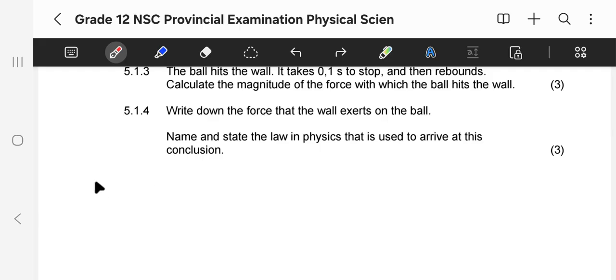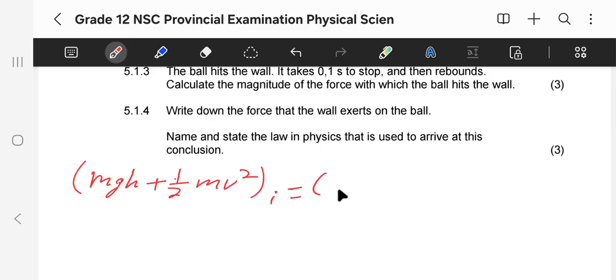And with this one, I'm going to say mgh. We know that mechanical energy, by the way, is the sum of the potential and kinetic energy. So the mechanical energy before has to be equal to the mechanical energy after.